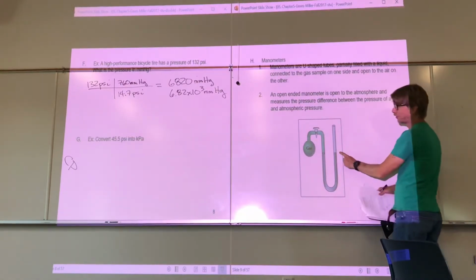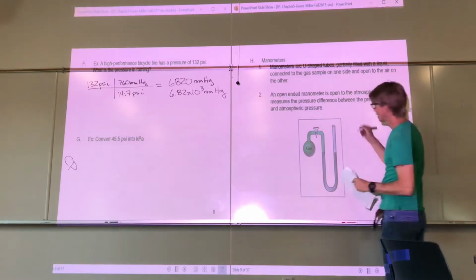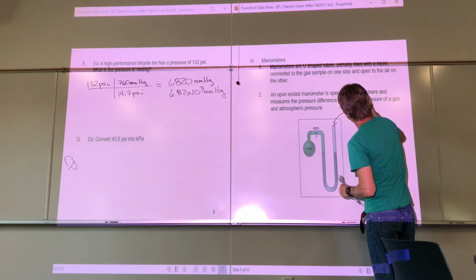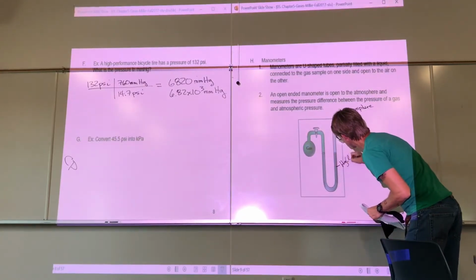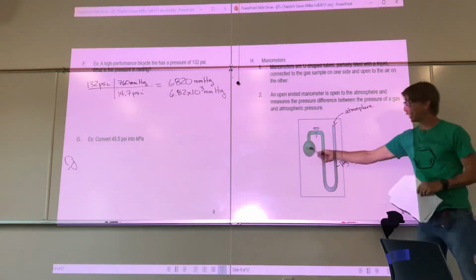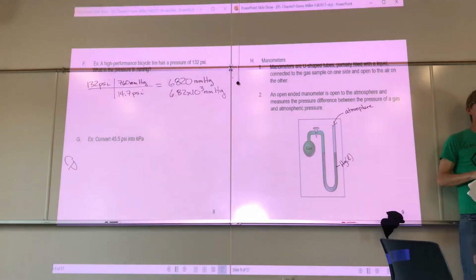So here's an open-ended manometer with a gas sample on one side and atmosphere here. And there's our liquid mercury. What can we say about the pressure of the atmosphere and the pressure of the gas since the levels are equal? The pressures are equal.